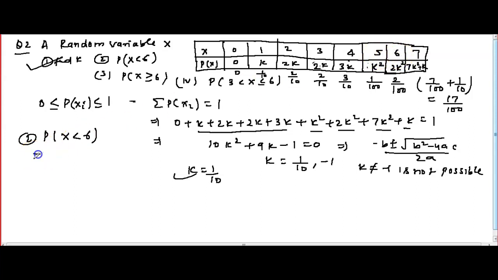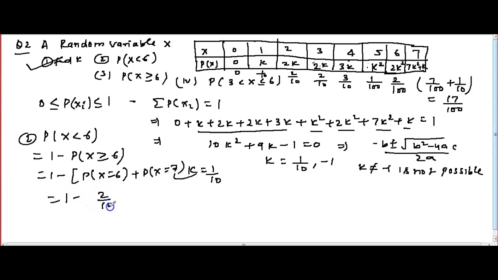So better you can write it here, 1 minus probability of x greater than or equal to 6, in the negation form. So 1 minus, yes. So 0 to 5 you add, otherwise 6 and 7, 1 minus 6 and 7. So only two have to be added, x equal to 6 and x equal to 7. So you will get 1 minus 2 by 100 plus 17 by 100.